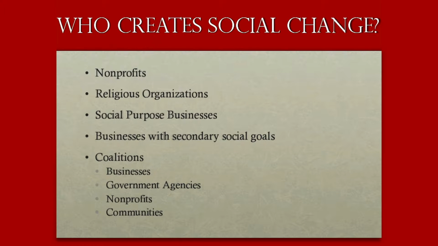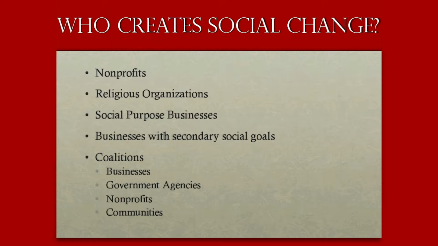There are religious organizations which have always been engaged in social change. There are also increasingly social purpose businesses, and there is a wide variety of new classifications for transactional businesses whose purpose and methodology is primarily focused on social good. And we see these in the fields of housing and education and other areas where there is an embedded transactional nature.